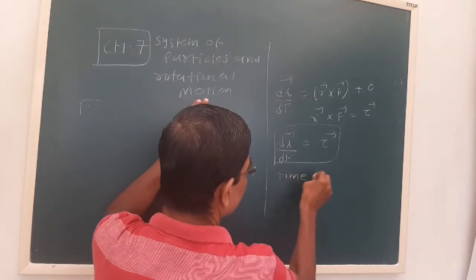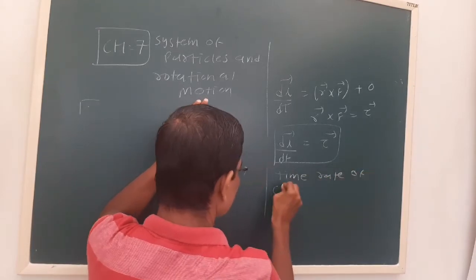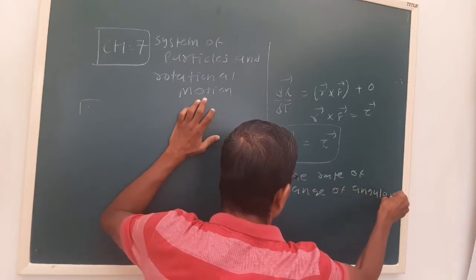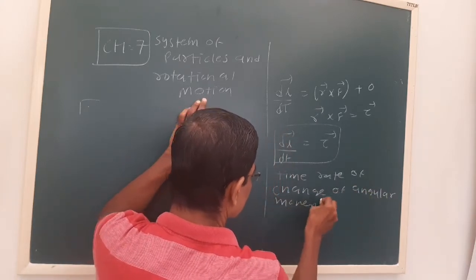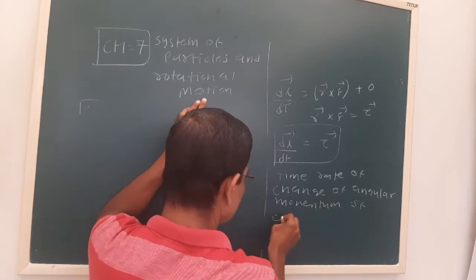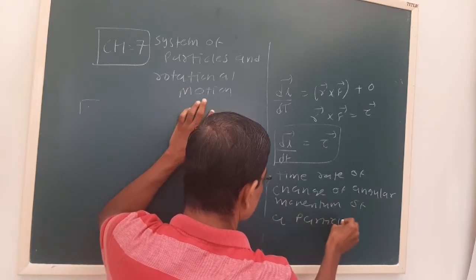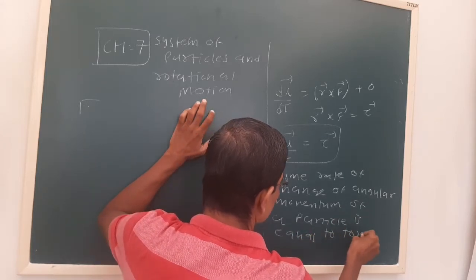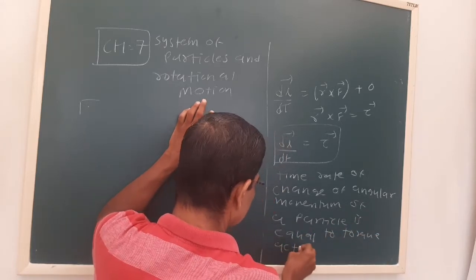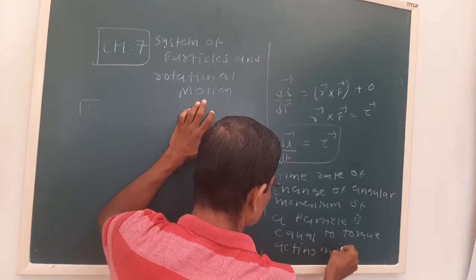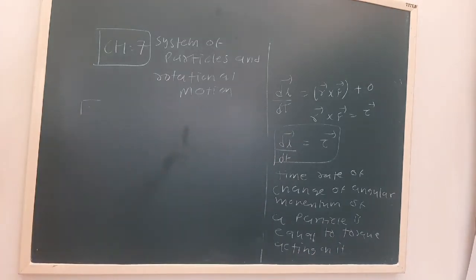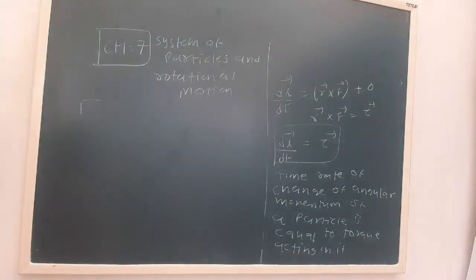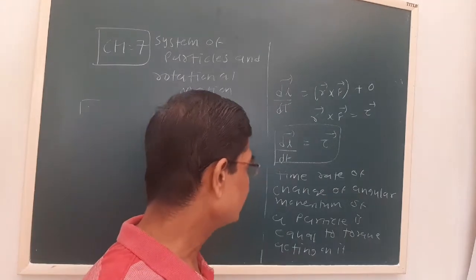The time rate of change of angular momentum of a particle is equal to the torque acting on it.